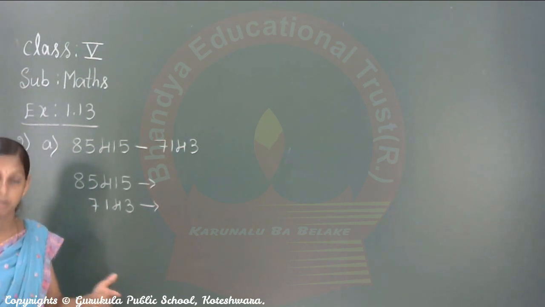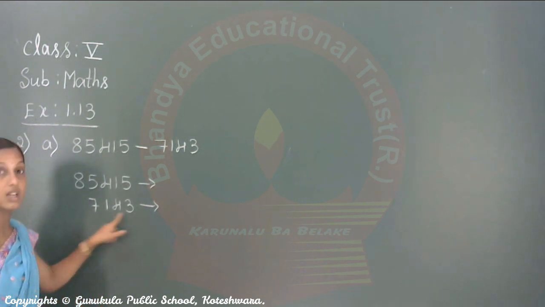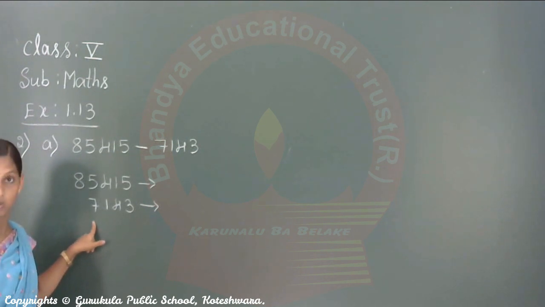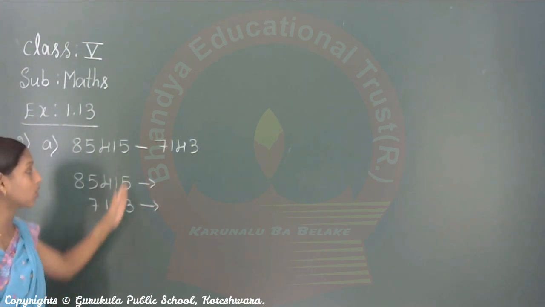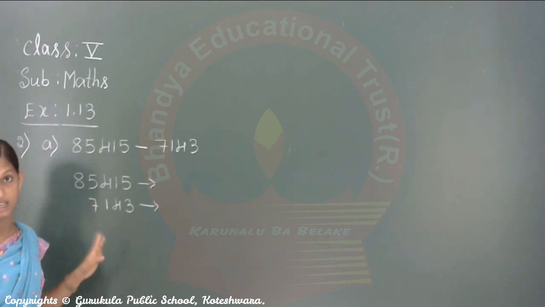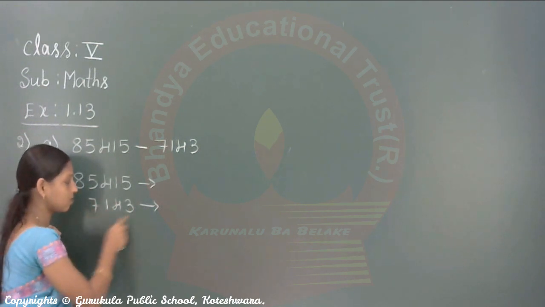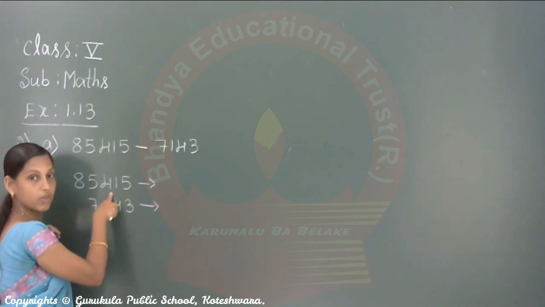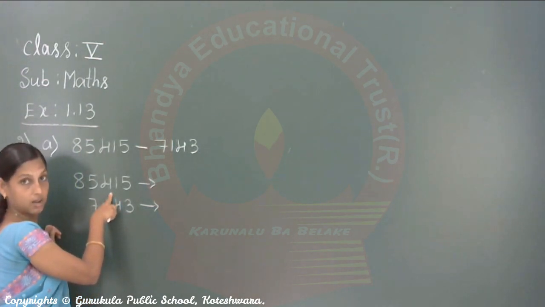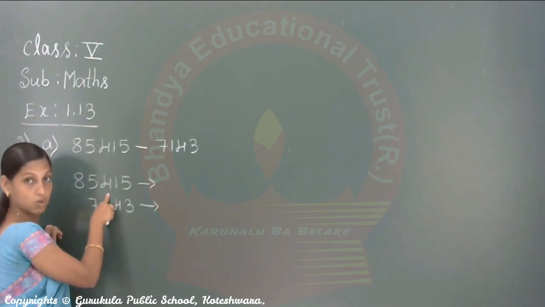In addition and subtraction, we have to see which is the smallest place value, and for the smallest place value, both the numbers we have to estimate. So here ones, tens, hundreds, thousands. So we can round off this number nearest to 1000. So this number also we have to round off nearest to 1000. Though there is a 10,000 place, we have to round off this number nearest to thousands place.